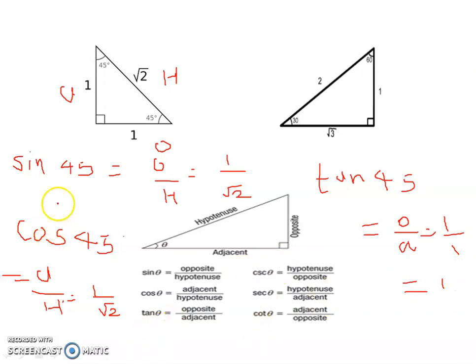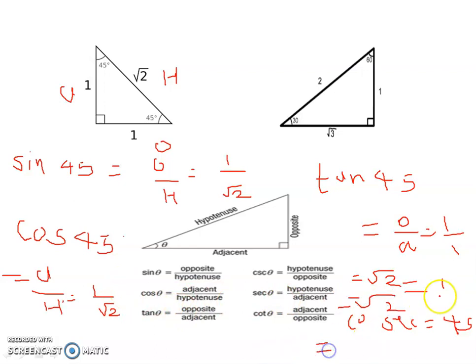So in this way we define sine 45, cos 45, tan 45. Now cosec 45 is hypotenuse upon opposite, so it is 1 upon sine theta, which gives root 2. Next, sec 45 is 1 upon cos, so root 2 again.